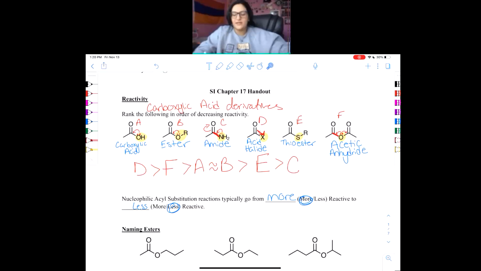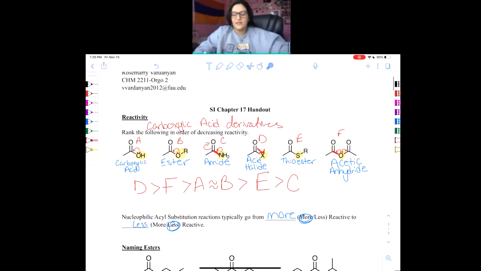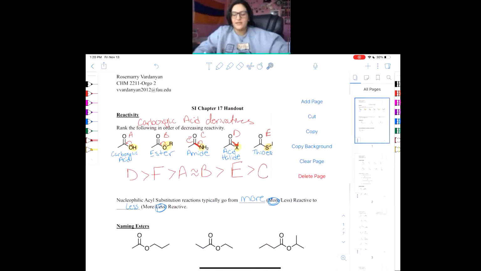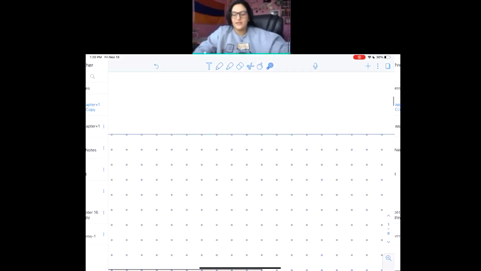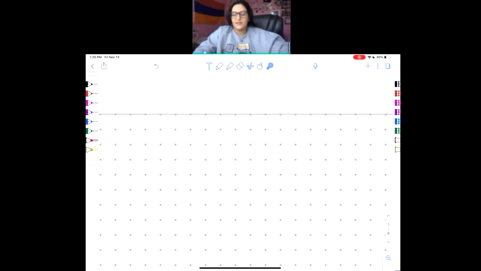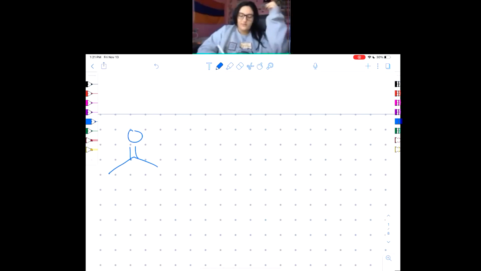All right. So here in the corner, real quick, I will make a new page. Just to make it easier. So just to reiterate, acid halides are going to be so reactive that you cannot make them via nucleophilic acyl substitution.